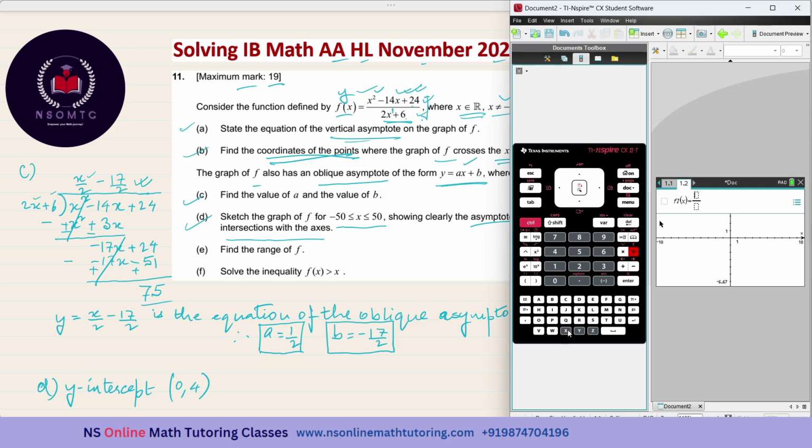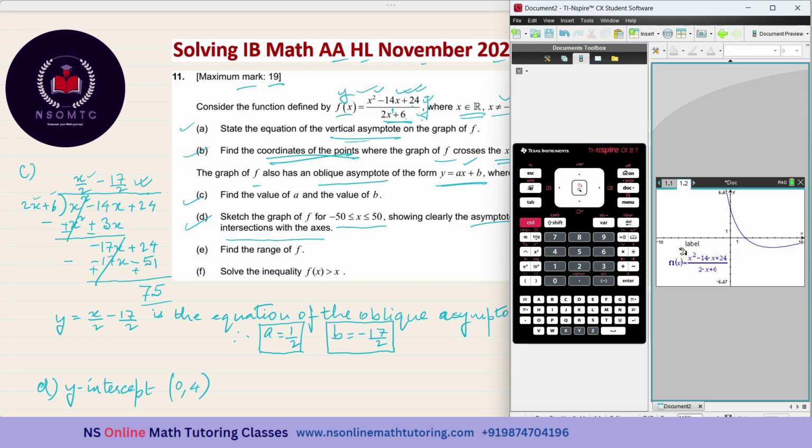Okay, and it is x square minus 14x plus 24 divided by 2x plus 6. Okay. And enter. Fine.